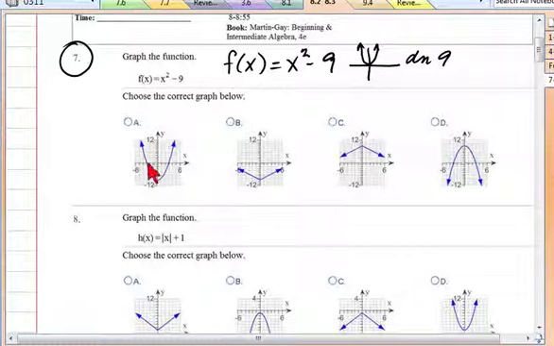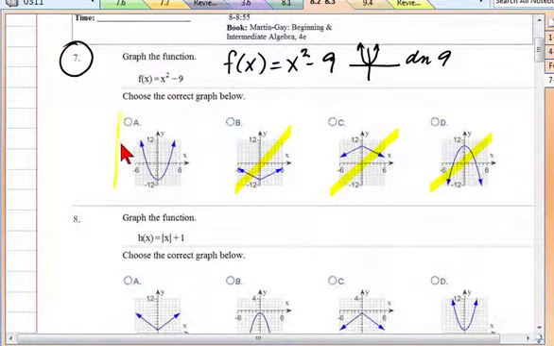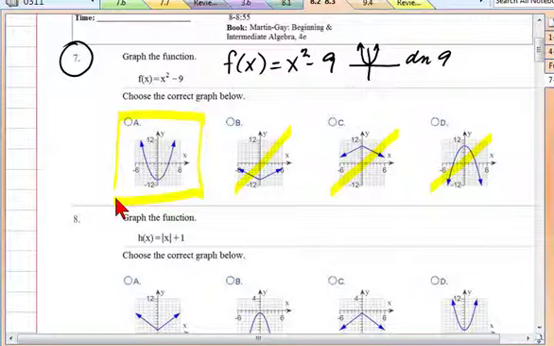It's going to be choice A. If I look at B, well, it's a V. That can't even possibly be right. C, that's a V. That's absolute value. That can't be right. D is a U, which is called a parabola, by the way, but it's opening downward, and ours doesn't. The correct answer is A. And it has been shifted down 9 units.